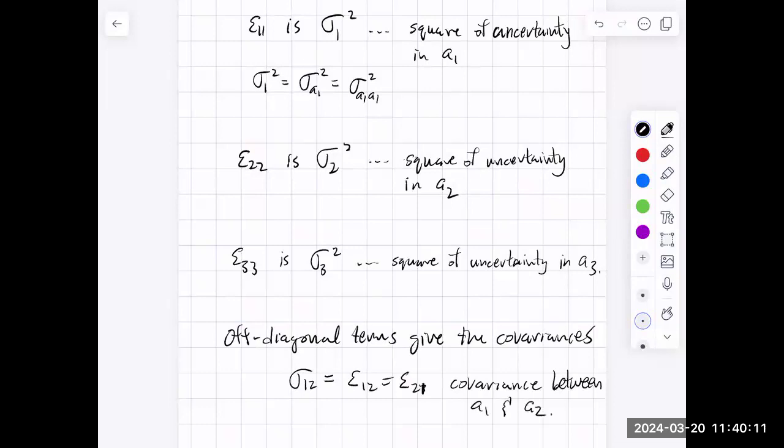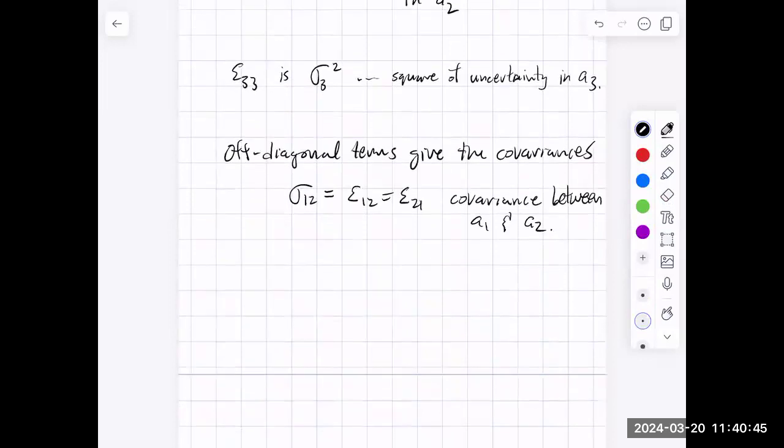We ran into this once before when we were doing the weighted mean and trying to find the uncertainty in the weighted mean. What we said is that if the uncertainties are really random, those covariances should sum to 0. That's what we mean when there's no dependence between those two parameters.